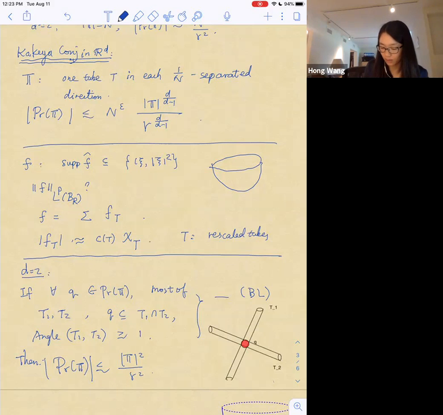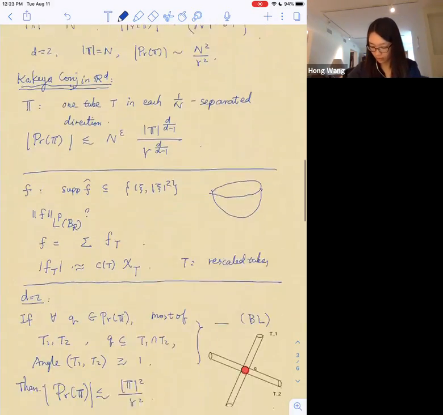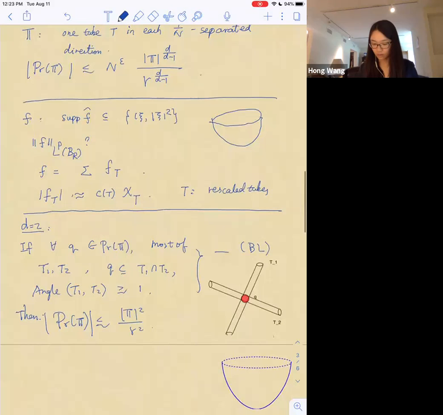That explains why the number of average balls is bounded by t squared divided by r squared. So for a long time, this seems like the best estimate we can do.